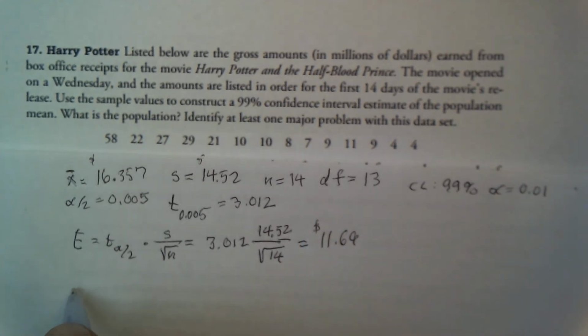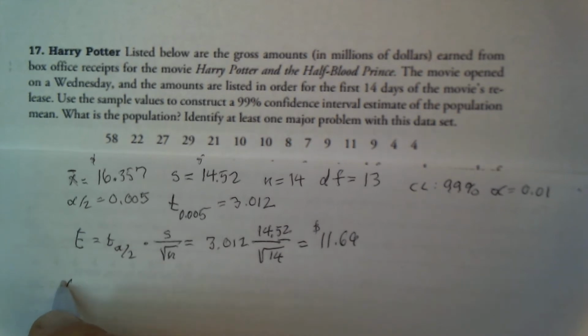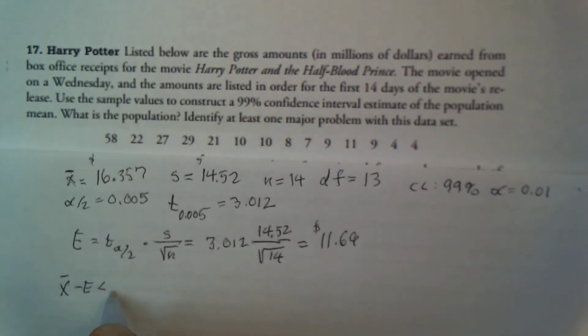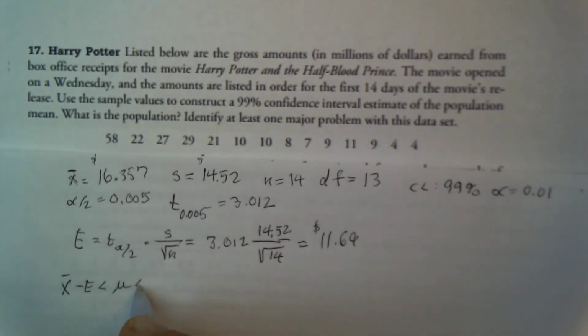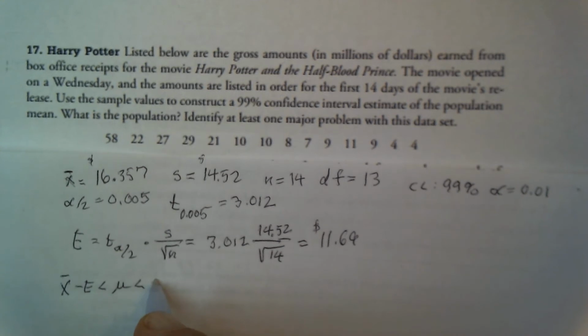Our confidence interval for the population mean is the sample mean minus the margin of error, less than the population mean, less than the sample mean plus the margin of error.